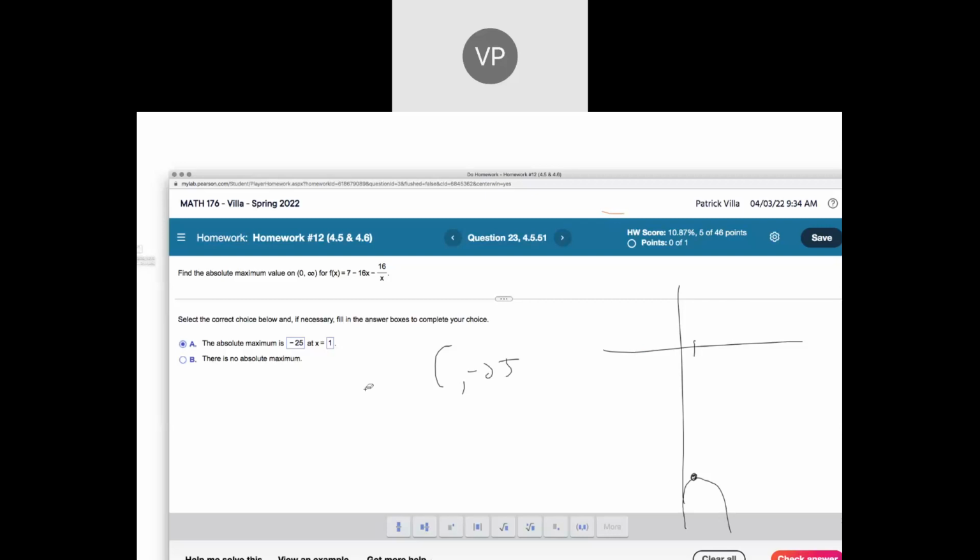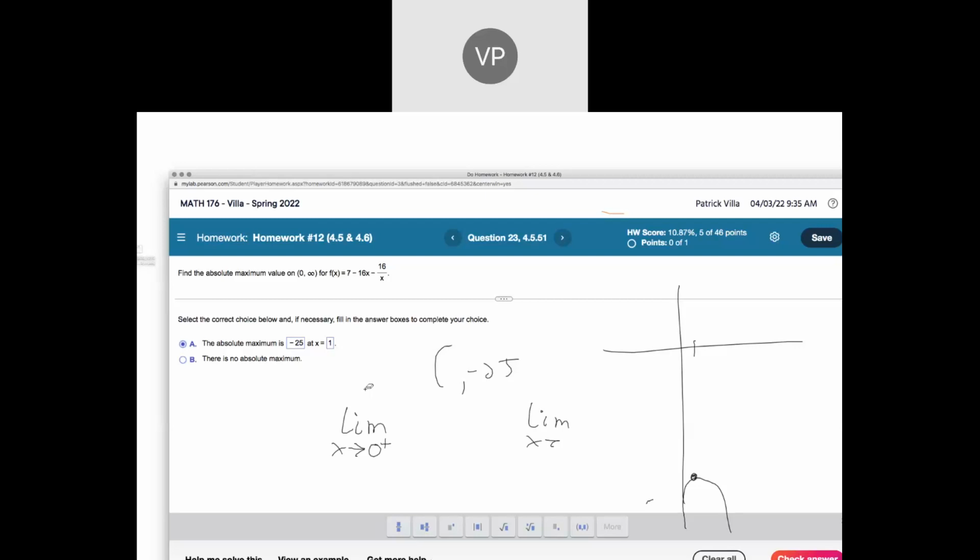Well, remember, if it was going to turn up, for example, and maybe go like this, there would be a concave up section, and most importantly, there would be another critical value here. We only found critical values at 1 and negative 1, so this shouldn't happen. But regardless, what I'm considering, and I don't even have to write this, I just want to show you all what I'm considering. What happens as you come to 0 from the right side?